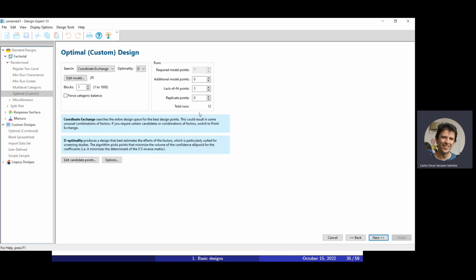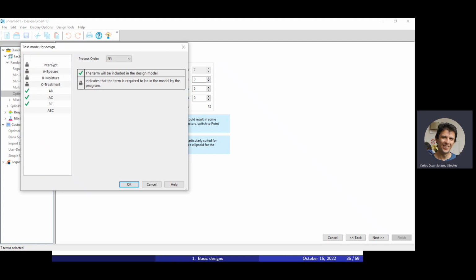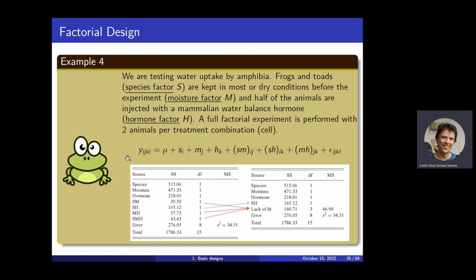Now we move into the next step, where we have to define the model. This is the equation that we have in our slides. Let's go to the slides. Our observation is an intercept, so an overall mean, plus something that depends on the main effects, plus something that depends on the second order effects.